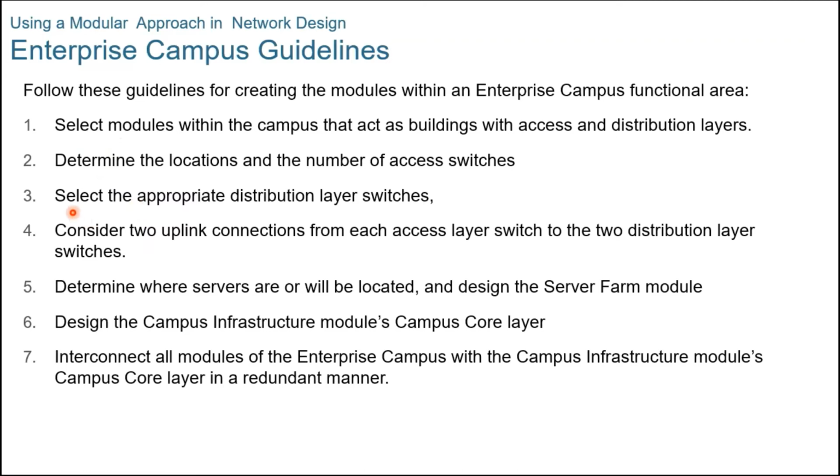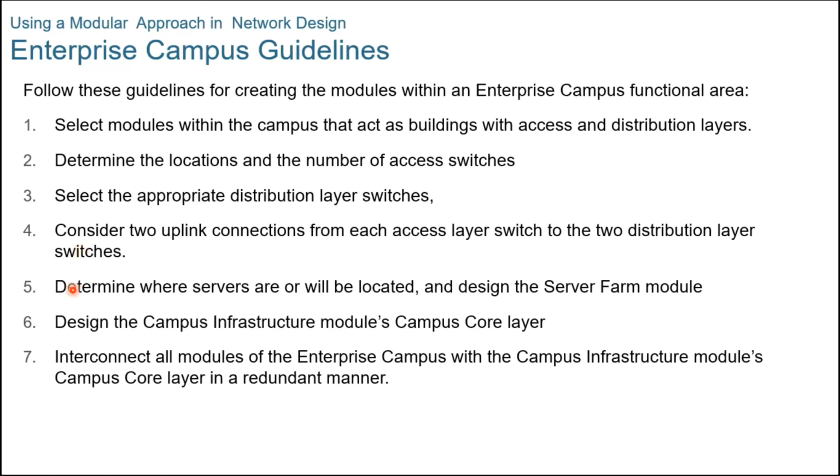Okay, so third, select the appropriate distribution layer switches, taking into account the number of access layer switches and end users. So use at least two distribution layer switches for redundancy. Fourth, consider two uplink connections from each access layer switch to the distribution layer switches.